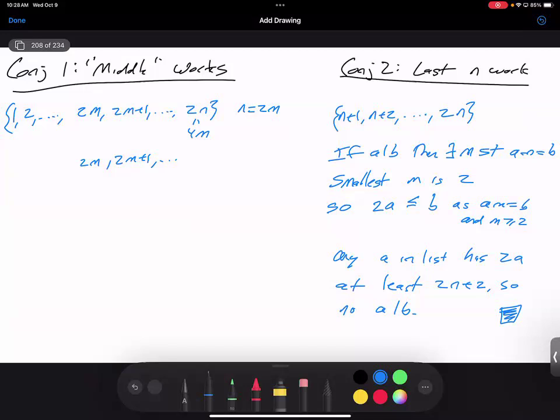Well, how many numbers do we have to add on from 2m plus 1? Isn't it lovely trying to write things down carefully?